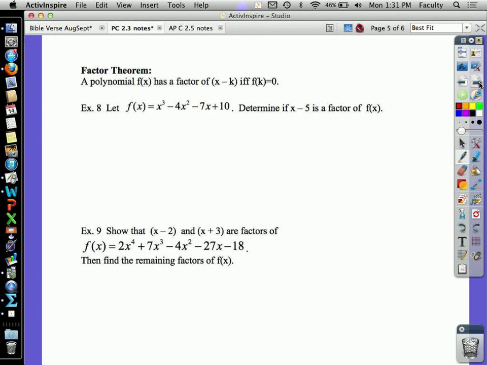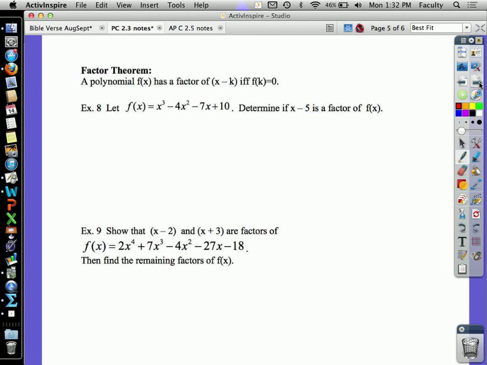I hope you understand this from geometry: if you have a theorem that says if p then q, the converse is not necessarily true, but in some cases it is, like in the Pythagorean theorem. If you have a right triangle, then a squared plus b squared equals c squared.